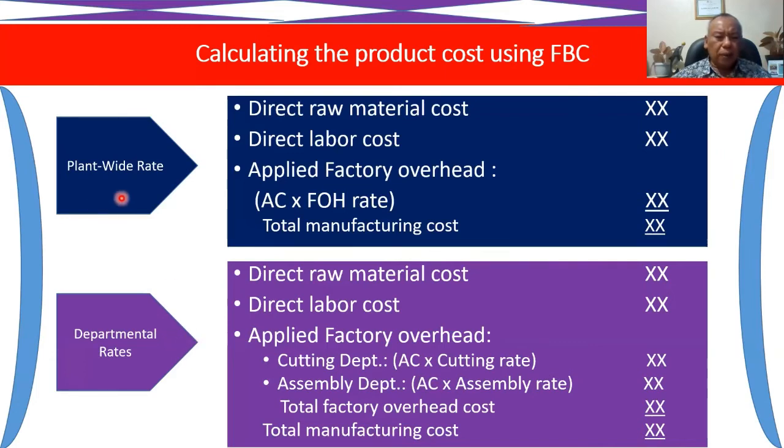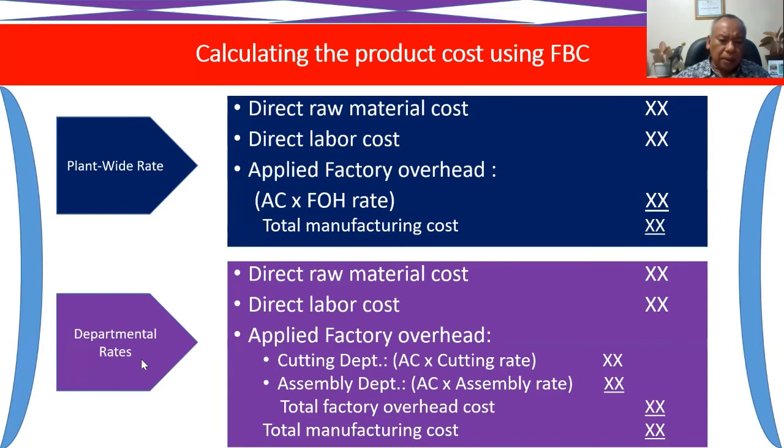If you are using plant-wide rates, so the direct raw material cost plus direct labor cost, and then we assign the factory overhead costs. We have just a single rate. So the actual capacity times the factory overhead rate, and we find the applied factory overhead. And then we total; this is the total manufacturing cost, or total product cost.